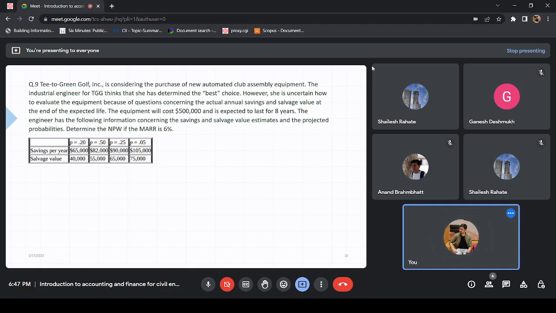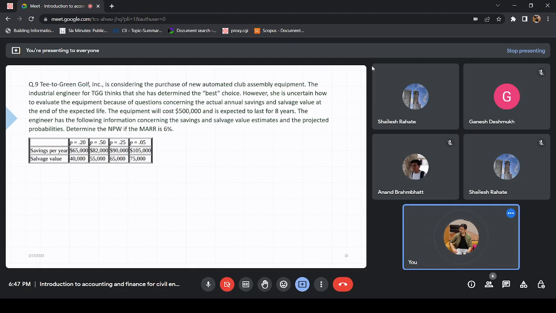So what is happening is that there is one agency that is considering to purchase a new equipment, and for this they have determined that the equipment will cost $500,000 and is expected to last 8 years. Now, what about the savings per year and salvage value?